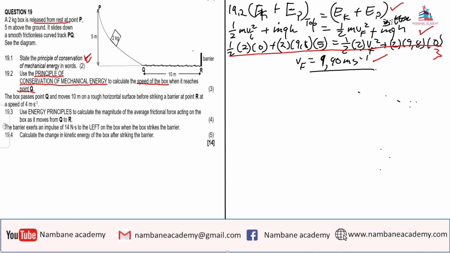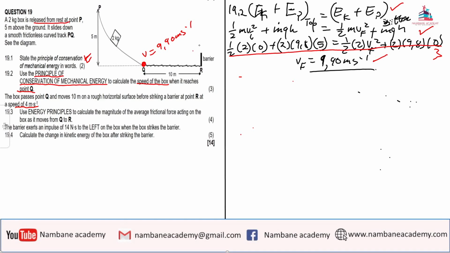Now, the box passes point Q and moves 10 meters on a rough horizontal surface, before striking the barrier at point R at a speed of 4 meters per second. So what do we know? We know that at this instance, V is equal to 9.90 meters per second.